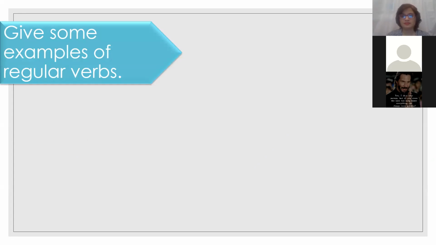Played. Watched, washed, very good. Walked. Walked, okay, well done. What about you, Isha? Can you come up with three examples of regular verbs in which we just add ed to make the second form of verb? One is prayed.